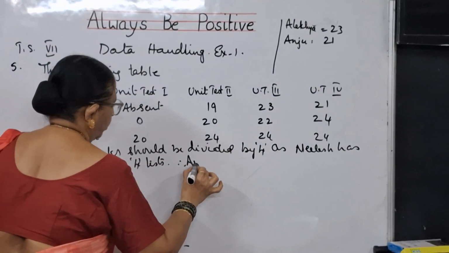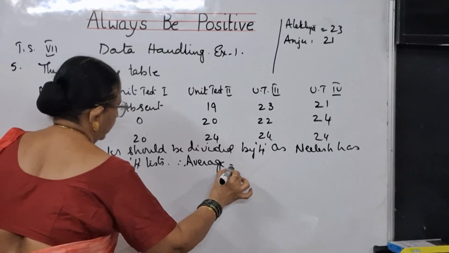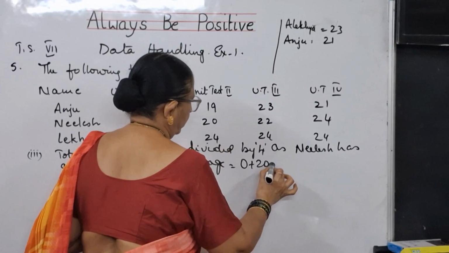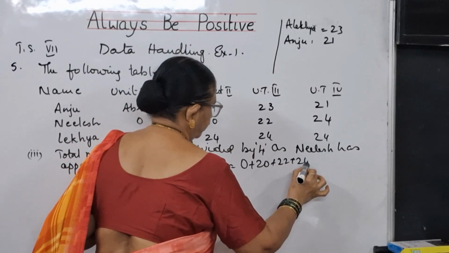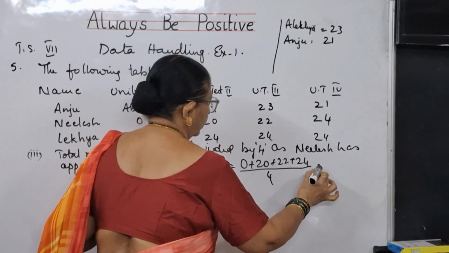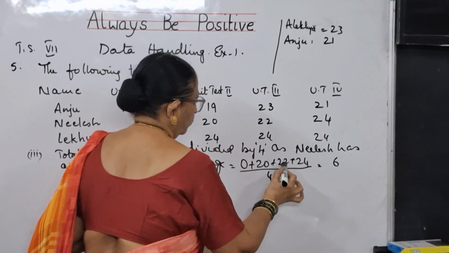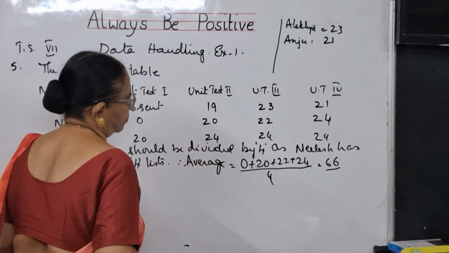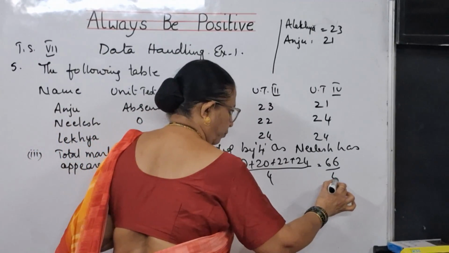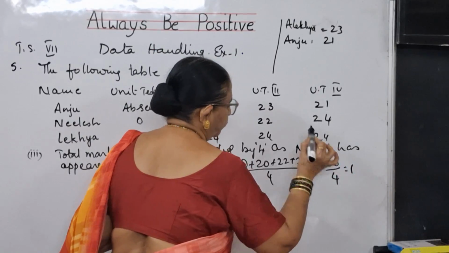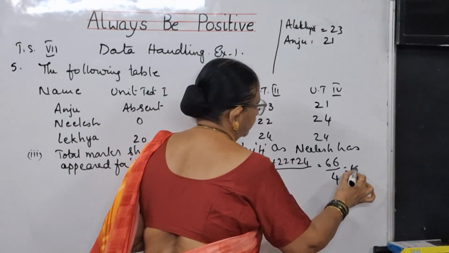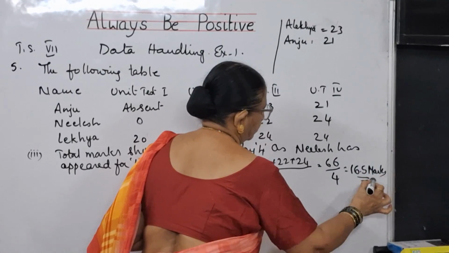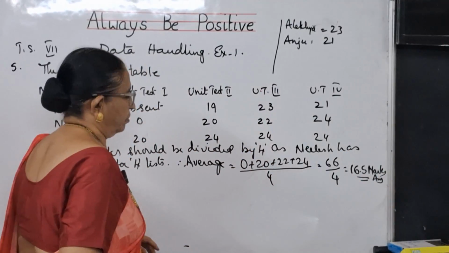So, what is average? Average is equal to 0 plus 20 plus 22 plus 24 by 4. The sum is 66. 66 by 4. 4 ones are 4, 4 sixes are 24, 16.5 marks. This is the average of Neelesh.